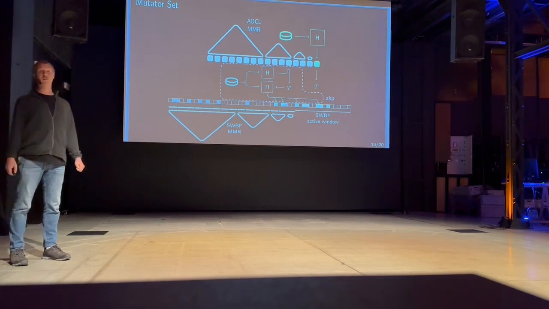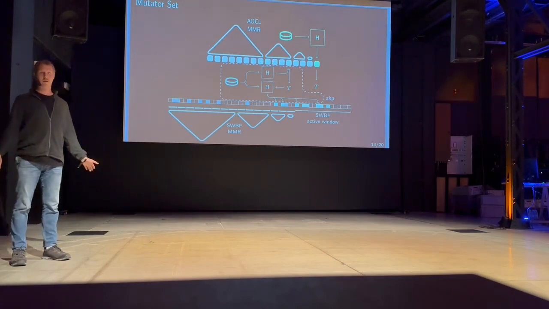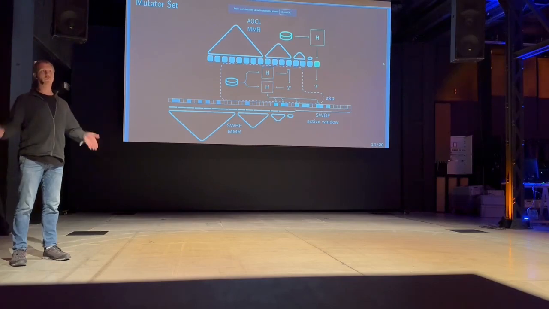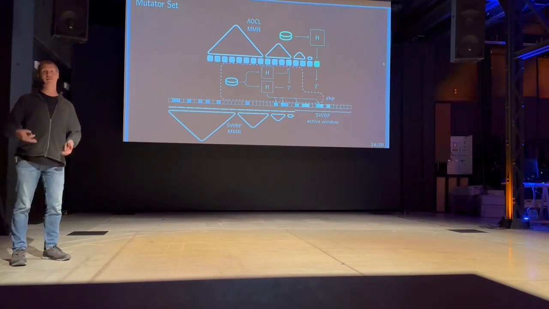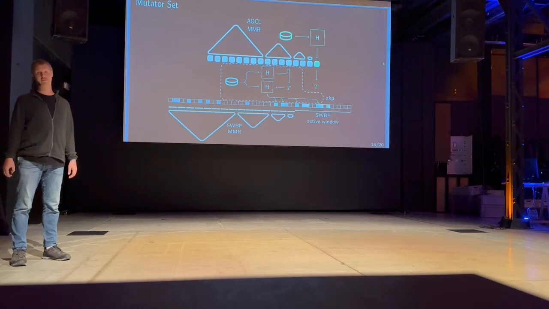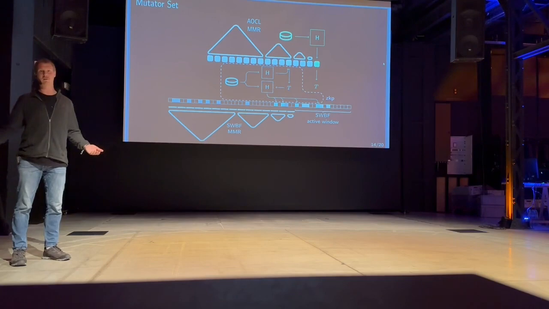Right. Full nodes store all the authentication paths. If you don't want to run a full node, you have to store your own authentication paths and you have to update them from time to time. By full nodes, you mean then the full nodes have a linear scalability, right? Yes, but they have that anyway because they're storing all blocks. Okay.